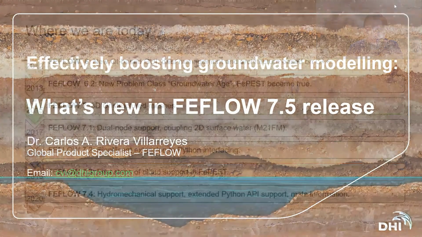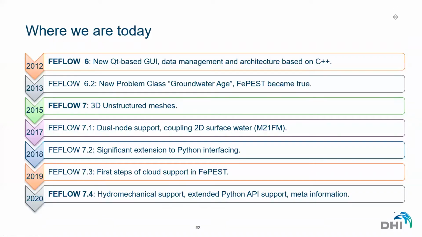I think it's always good to get started with an overview of what has been done in the past. For those new to the participants and also new to the software, FEFLOW has existed since the late 70s, and we have been developing the software entirely.